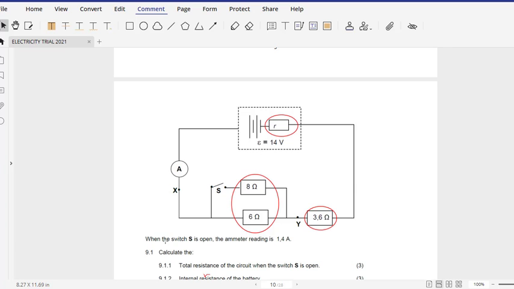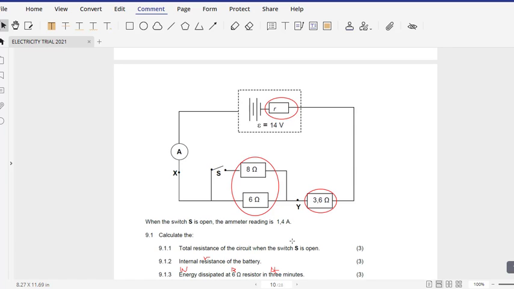So when the switch S is open, the ammeter reading is 1.4 amperes. Now what we have to look for is which components are working with the switch S open. The internal resistance is working because the current is there. Current is inside the battery, then current is moving through the ammeter.